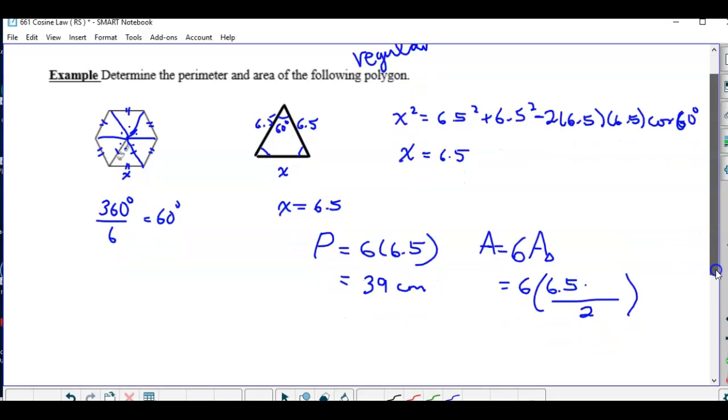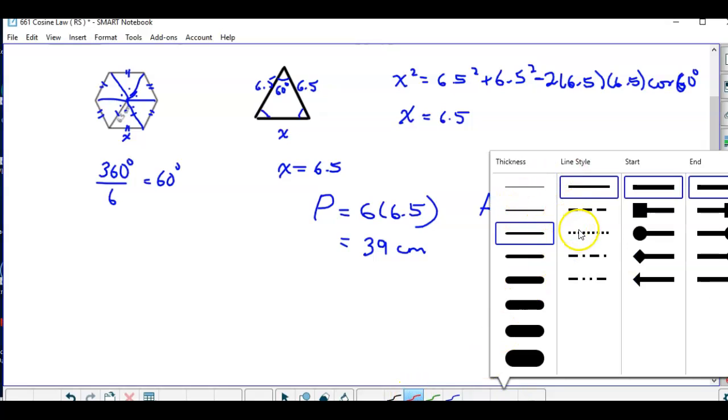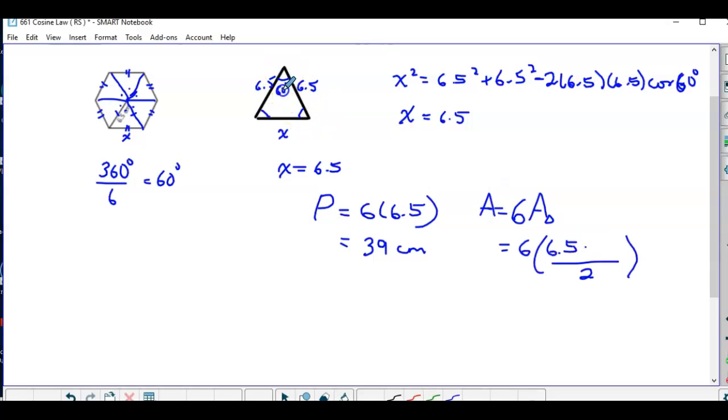So let's calculate the height of the triangle. I'll do it in red here. I'll call that H, and we know the angles are all 60. So sine of 60 degrees is H over 6.5.